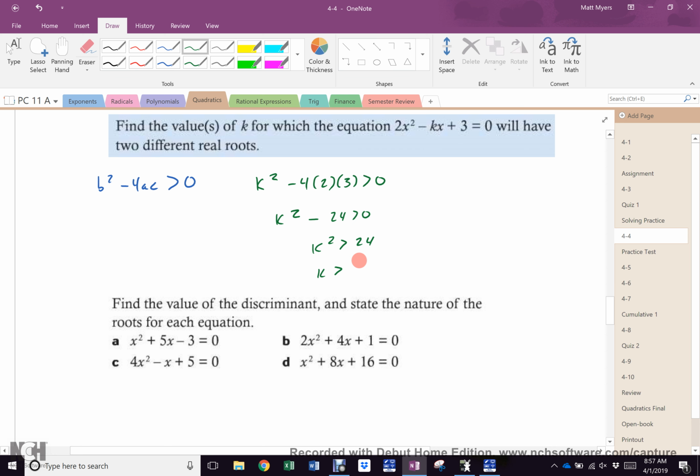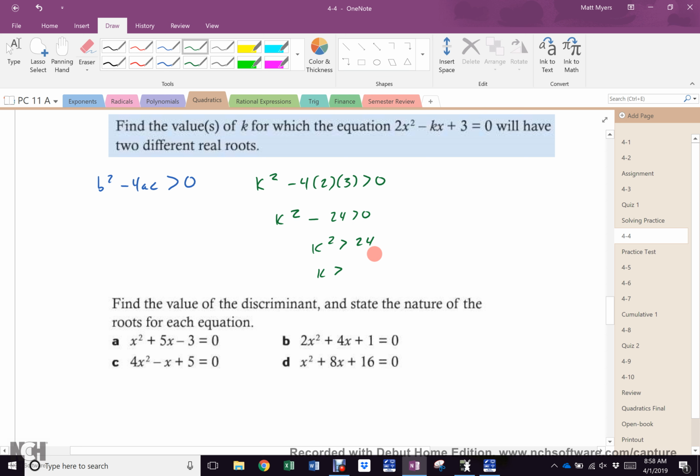Now, here we're in trouble, aren't we? Right? Why are we in trouble here? Well, 24 doesn't have a square root. We know that, right?